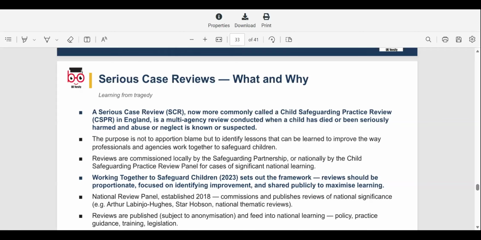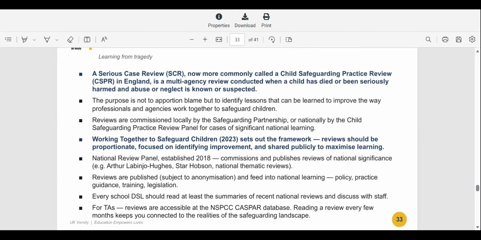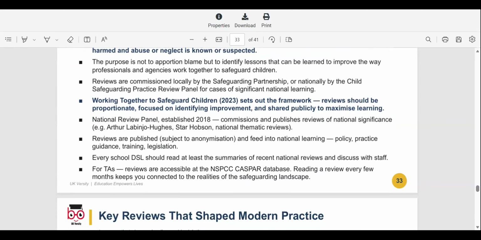So they have to make sure all the gaps are met, review everything across different agencies, make sure systemic errors are not in place, and try to combat any sort of information blockages between agencies.